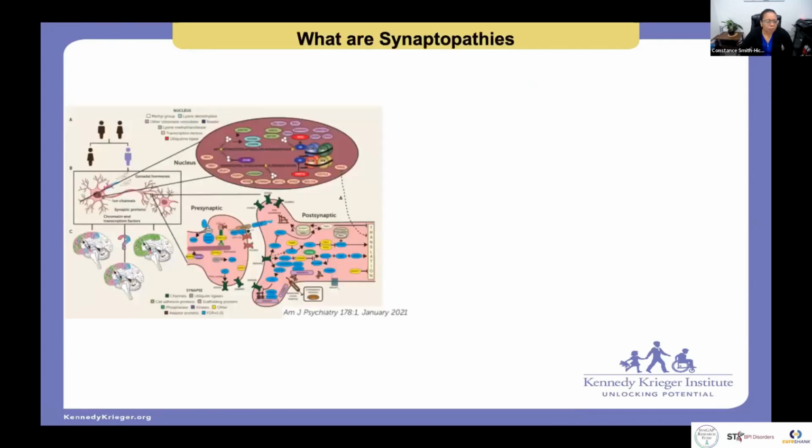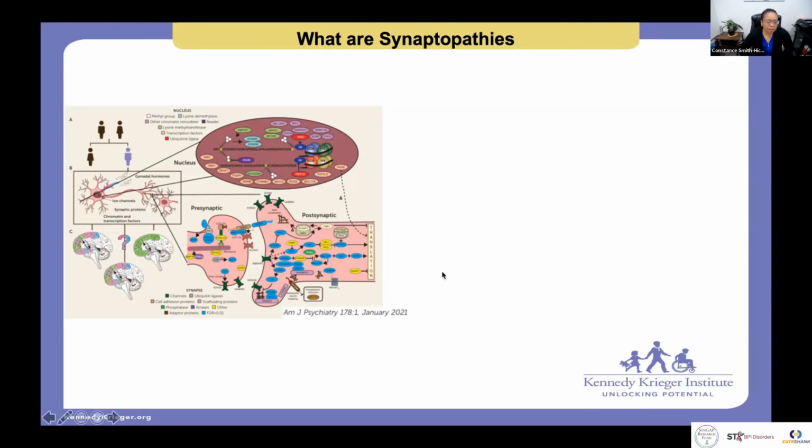So, when we think of synaptopathies, we're thinking about disorders of the nervous system in general, but it can certainly be a consequence of dysfunction at the synapse, both peripherally or centrally. But for the purposes of this talk, I'm really going to be thinking about what occurs centrally, meaning in the central nervous system.